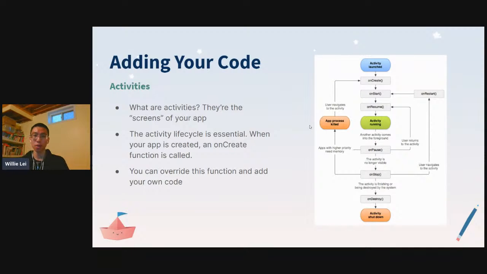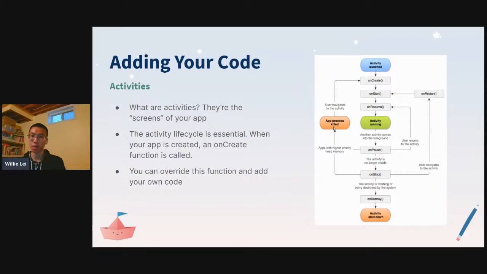If you go into the Java code or the Kotlin code, you can see that there should be a class called MainActivity. Well, this is a screen of the application. If you want to ever do Android development, or if you're applying for a co-op job that is an Android engineer position, you need to understand what the activity lifecycle is. This is the process by which activities are created and destroyed, and how we can create new ones.